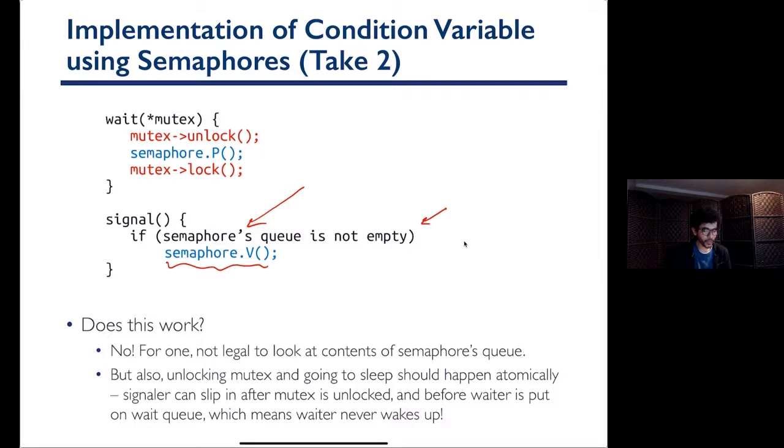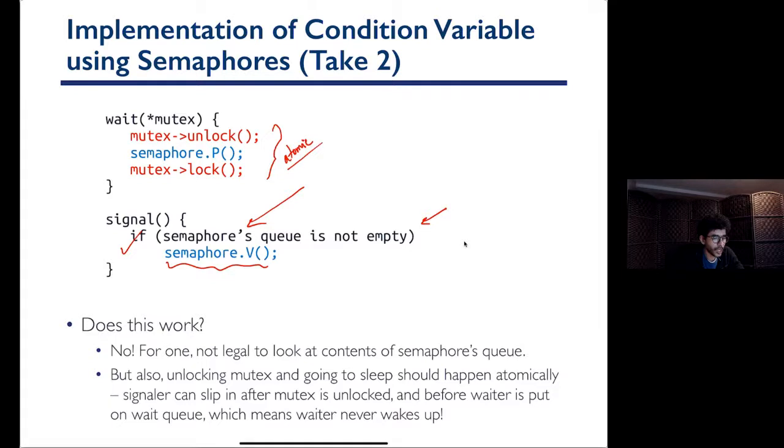The other reason for this is that in this implementation, even if we assume that, okay, this is fine, let's say we give it to you that you can check the internals of semaphores, this is not atomic.